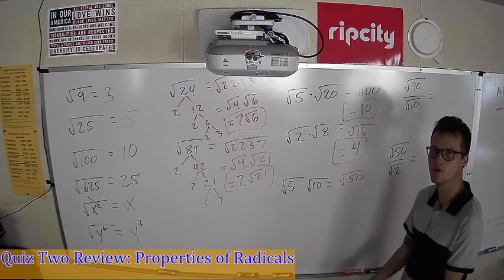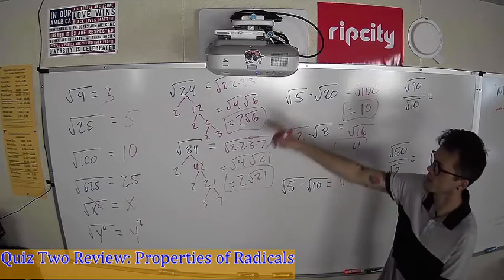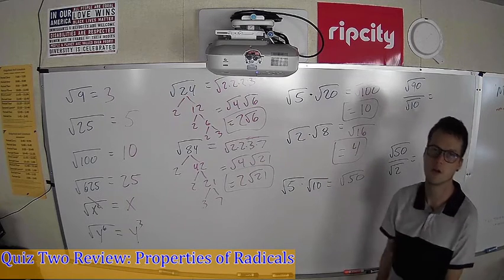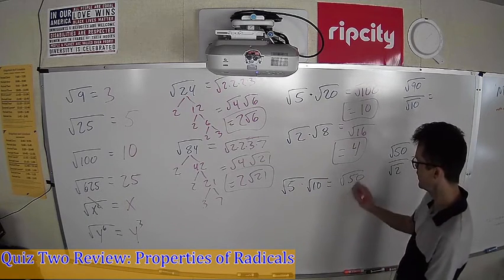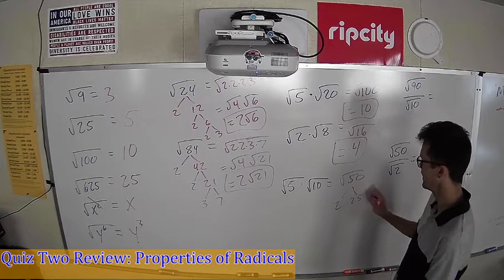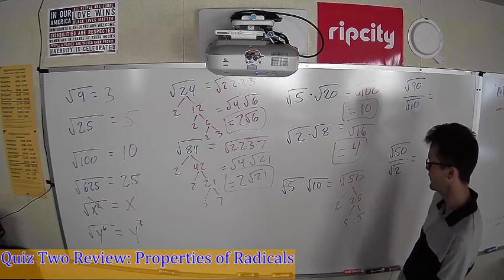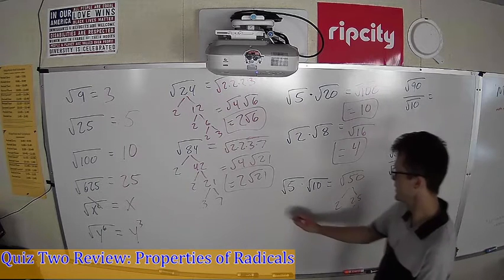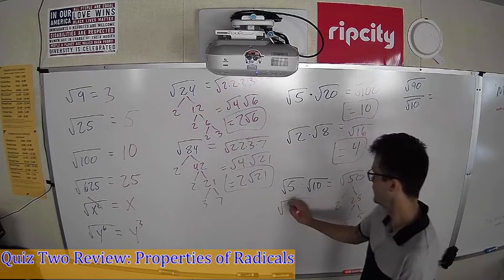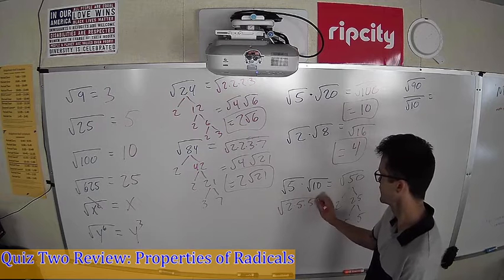That one's not a perfect square, unfortunately. So we're going to break it down like we did with these ones just a moment ago. Create a little factoring tree. I know that 2 times 25 is 50. I know that 5 times 5 is 25. So this one is going to be the square root of 2 times 5 times 5.